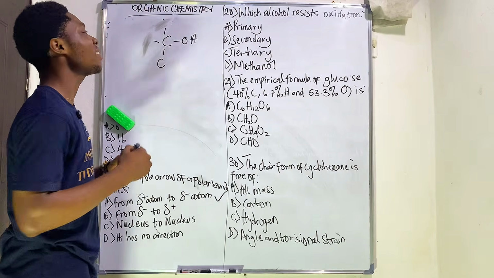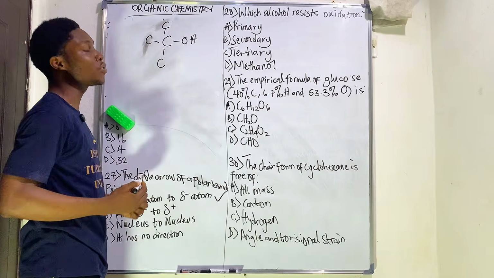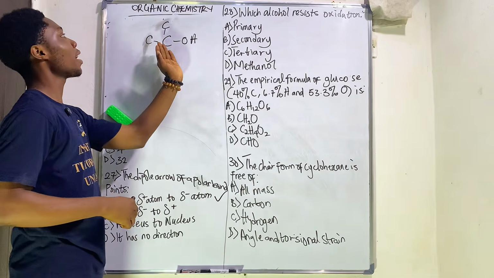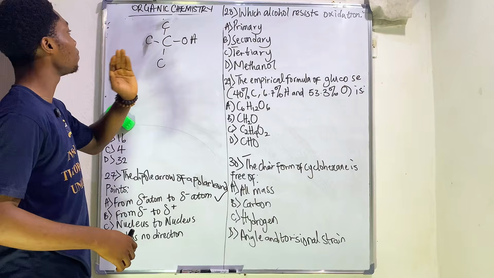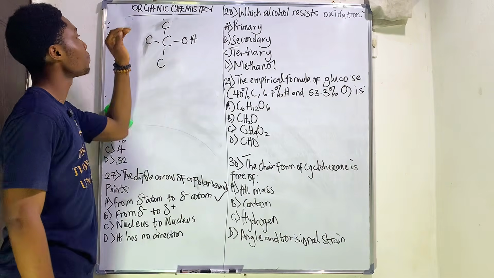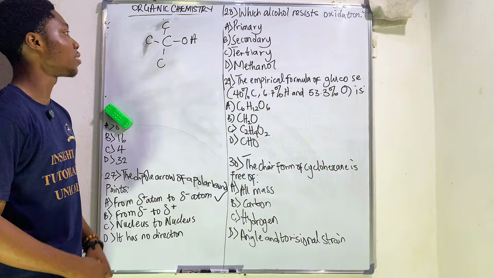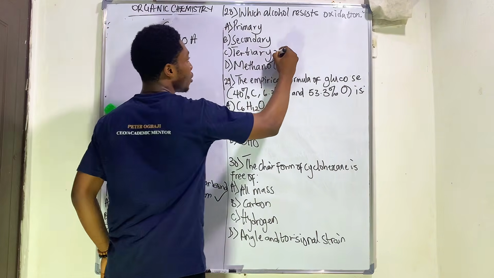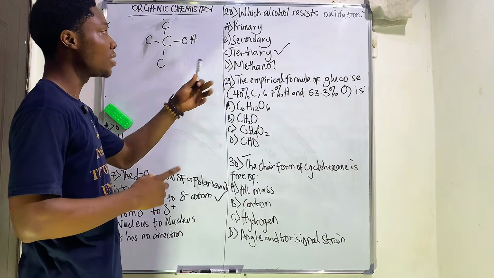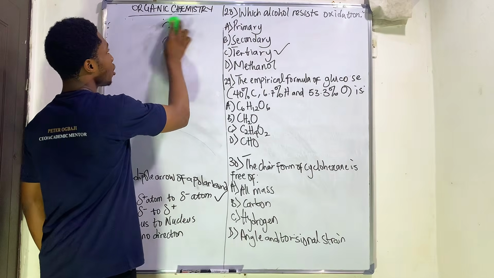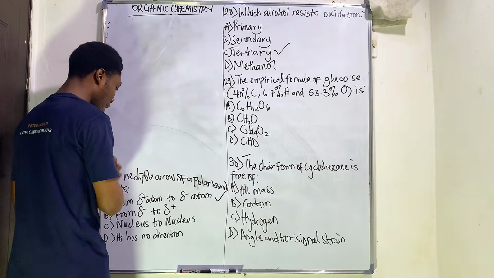But now, if we have a tertiary alcohol which is connected to 3 carbon atoms, there cannot be oxidation of this alcohol because there is no hydrogen atom to be removed for it to be oxidized. So the answer is tertiary alcohols. Tertiary alcohols resist oxidation. The answer is not primary alcohol because there's a hydrogen that can be removed.